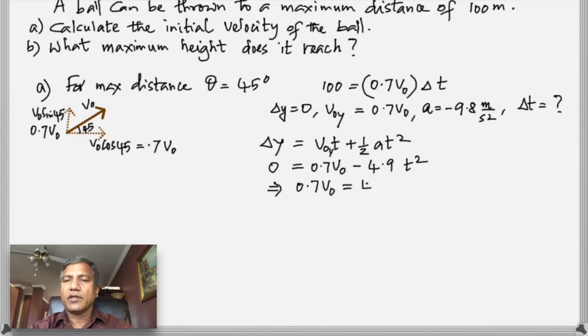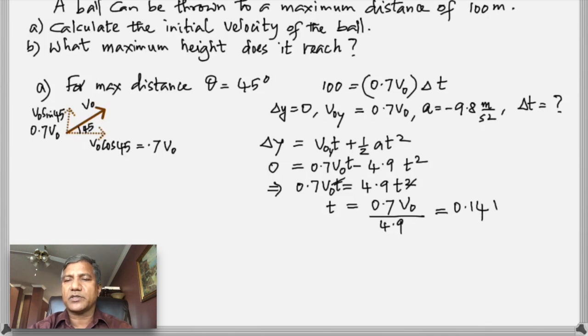And so rearrange that. And I forgot the t there because you got to have v naught times t. Now, because there's t there, you can cancel the t squared and the t. And then you get the time as 0.7 v naught by 4.9. Divide 0.7 by 4.9, you get 0.14.